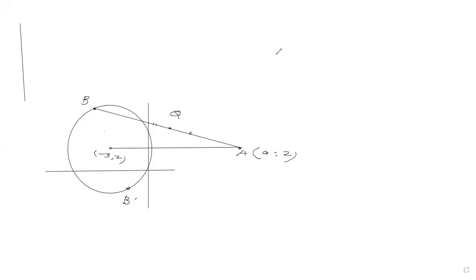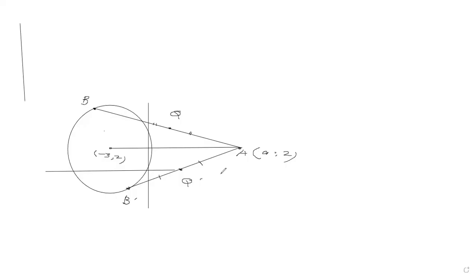Again, you join A to that point, and you find the center. The center of this is somewhere. Let's call this Q prime. Q and Q prime are the centers, and B and B prime are points on the circle. So you got, these are equal, like that.